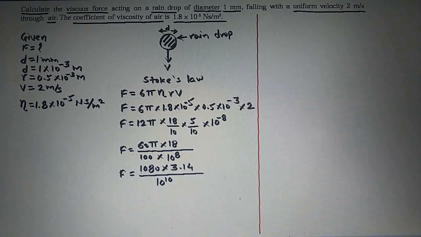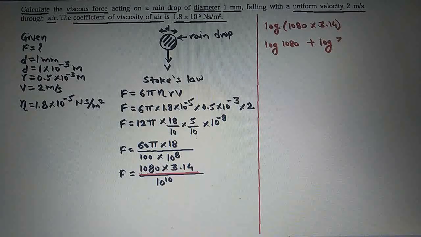Next we will do the calculation of 1080 into 3.14 by using log. So we will write here log of 1080 into 3.14. As this is multiplication of two numbers here, we can write log of 1080 plus log of 3.14.